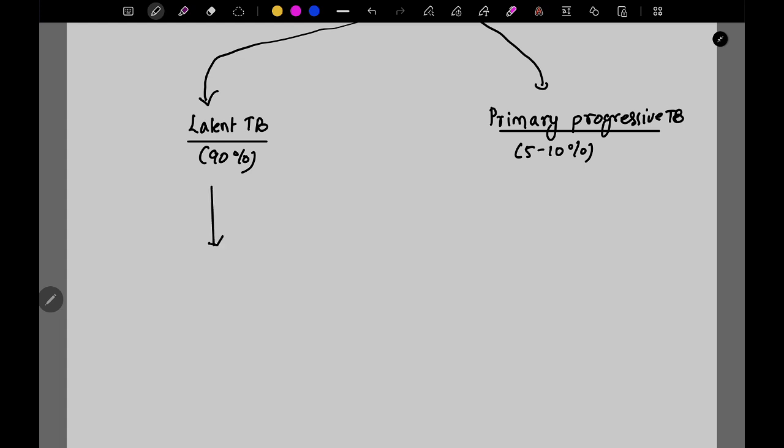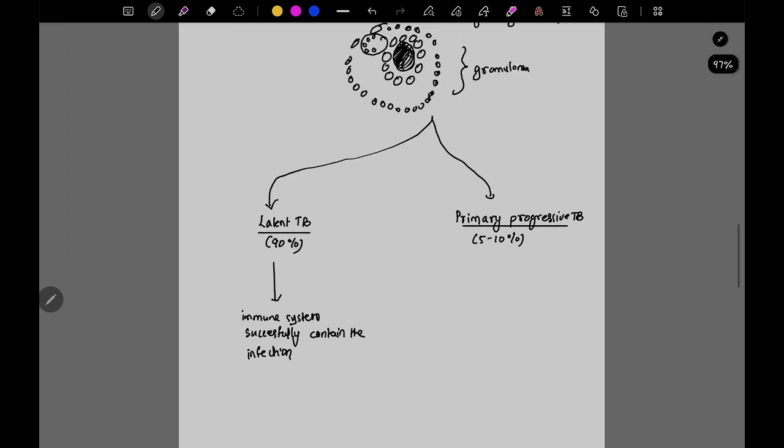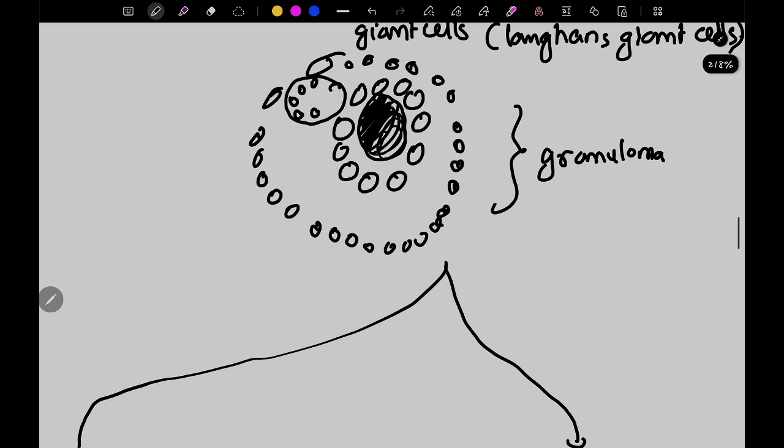In latent TB, the immune system successfully contains the infection. The Mycobacterium actually lives in the caseous necrosis, surrounded by inflammatory cells: macrophages, giant cells, then lymphocytes.